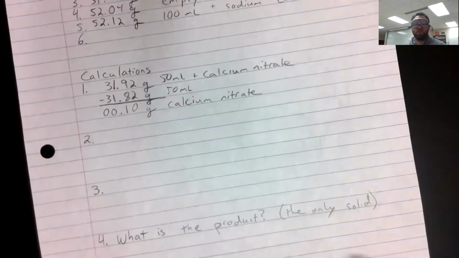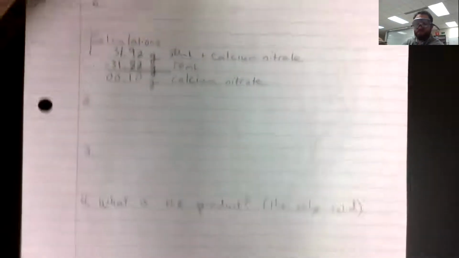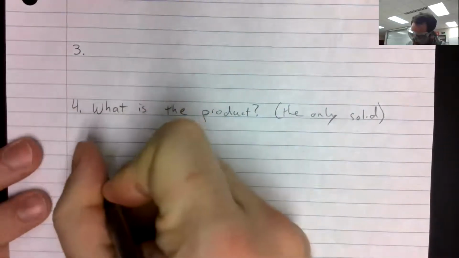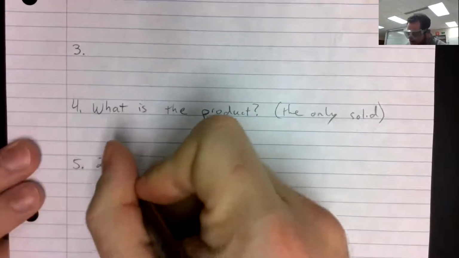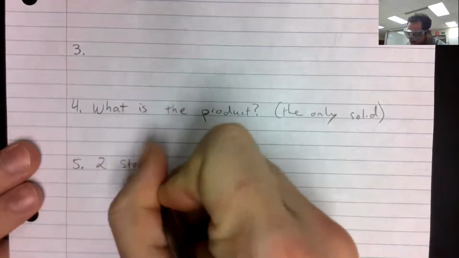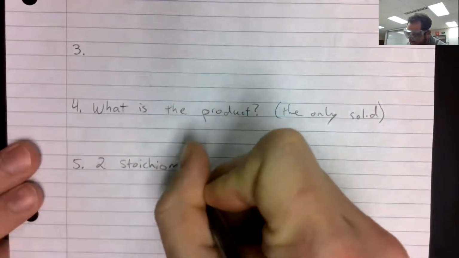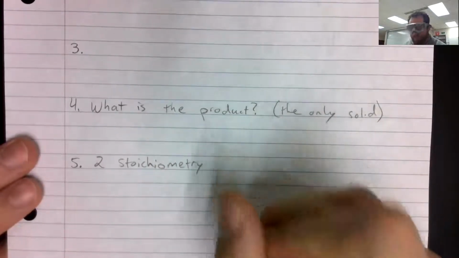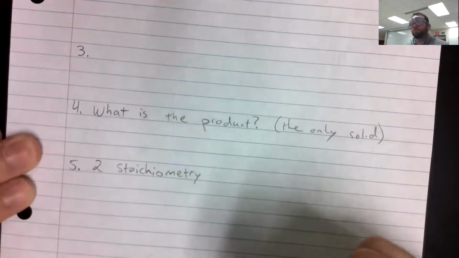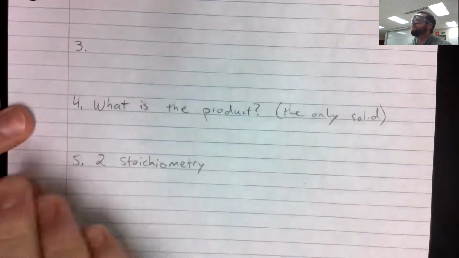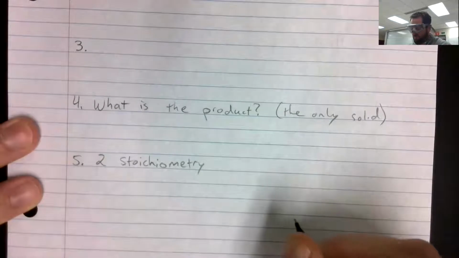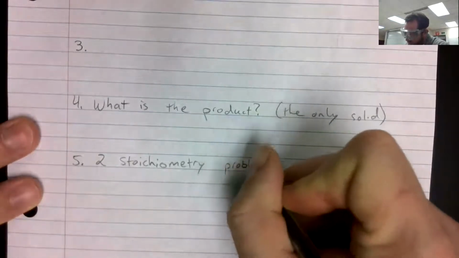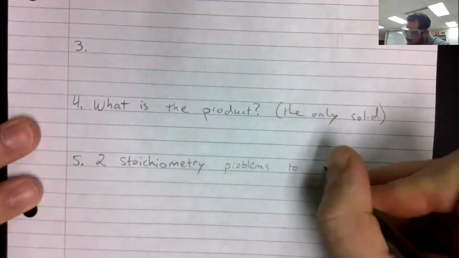So step 4, you guys need to answer what the product is. Step 5, you need to write 2 stoichiometry problems to solve.